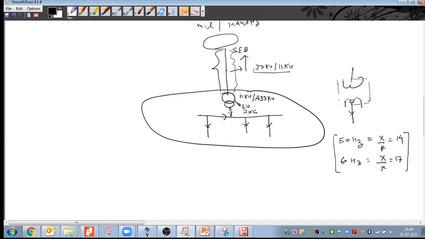Some load will connect on 11 kilovolt, and some load will connect on 433 volt. So in that case, let me put it in a separate way: for any LT transformer that has 11 kilovolt as the incomer and a secondary side of 415 volt or 433 volt, what may be the maximum power rating of this transformer that is possible to select? As a design engineer, how much value are you going to suggest?